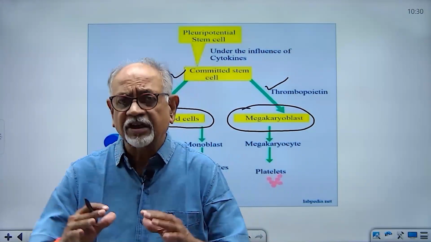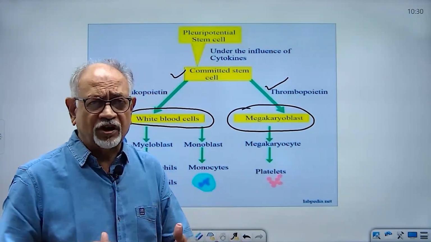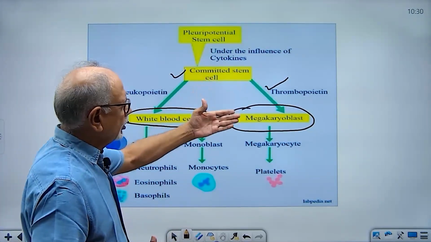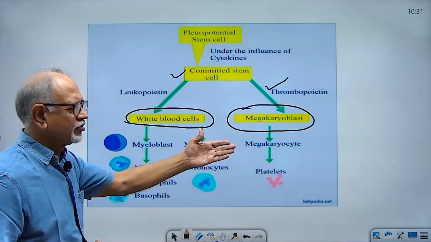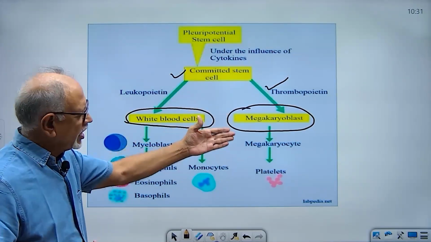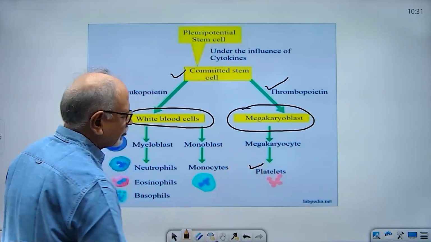So anything related to platelets is added with the word thrombo. This thrombopoietin stimulates megakaryoblast cells, which mature into megakaryocytes, and megakaryocytes finally produce platelets.